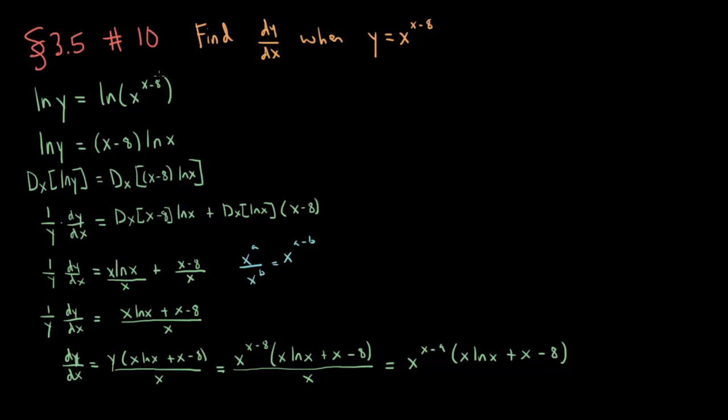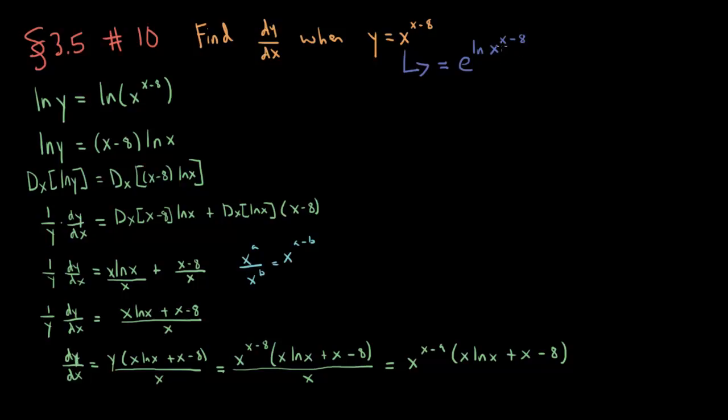Let's change colors. Okay, we could say that this right here is equal to e, actually I need to give myself some more room. Let's go down this way. We could say that this is equal to e to the natural log of x to the x minus 8 power.